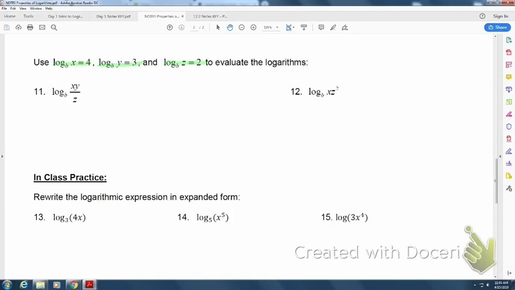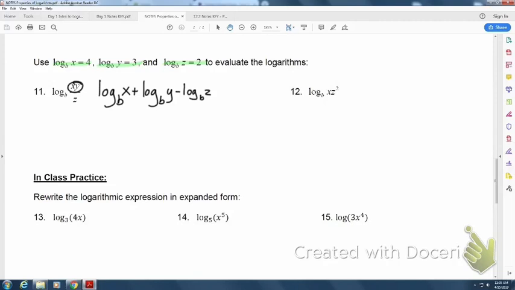So looking at 11, I've got log base b of x times y, so that's a multiplication that I'm going to expand with addition. Log base b of x plus log base b of y, and then it's being divided by z, so because it's division, I'm going to subtract.